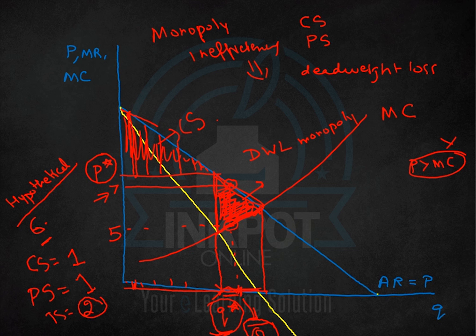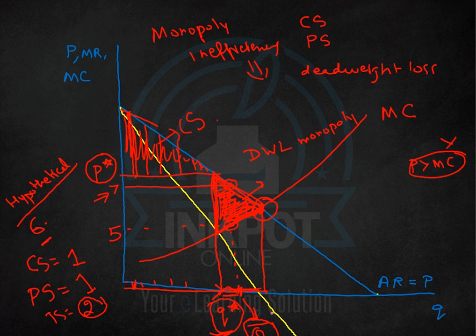So how do we identify the deadweight loss? Basically, from the point where MR equals MC, we already draw a line to identify the price. The small triangle to the right of that until this intersection point is basically the deadweight loss of monopoly.